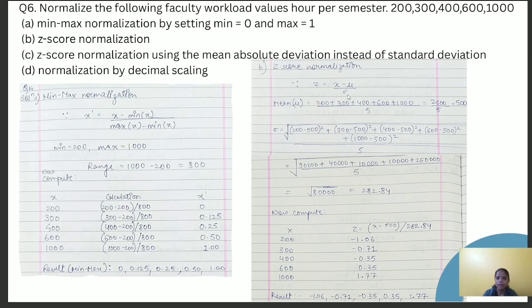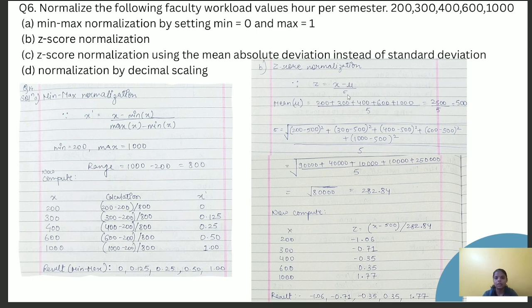Now sigma, we have to calculate the standard deviation. The formula to calculate the standard deviation is the square root of the summation of (x minus x bar) whole square, upon n. Everything will be inside the square root.